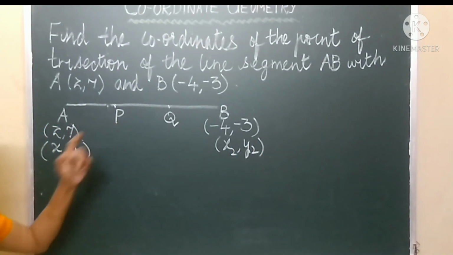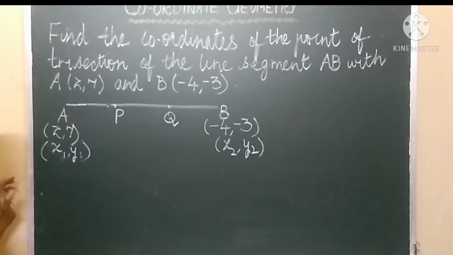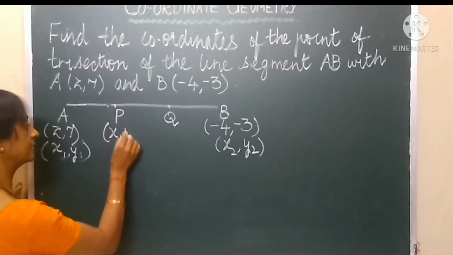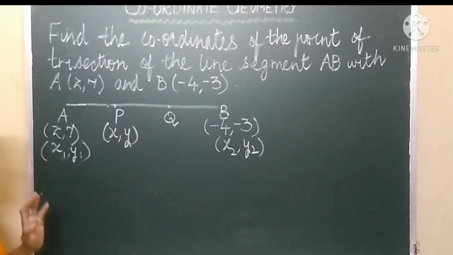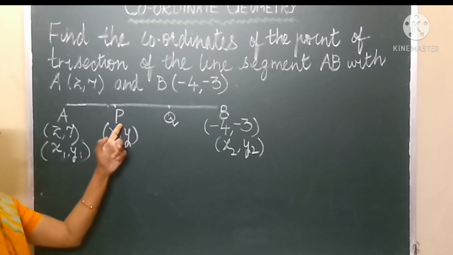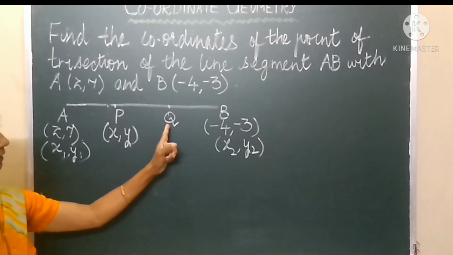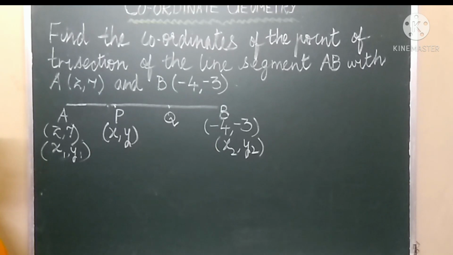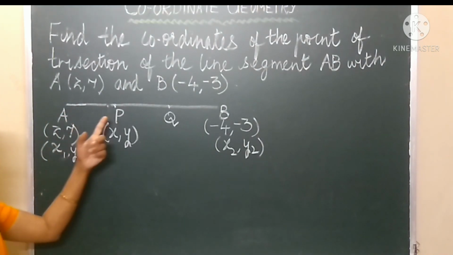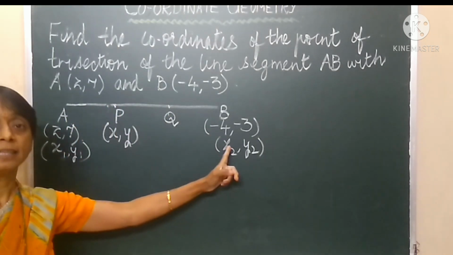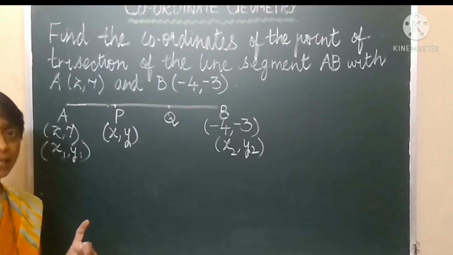And first let's find out the coordinates of point P. So you can assume the coordinates as x, y. To calculate the coordinates of point P, let's not first consider point Q. Now, which formula can you use?